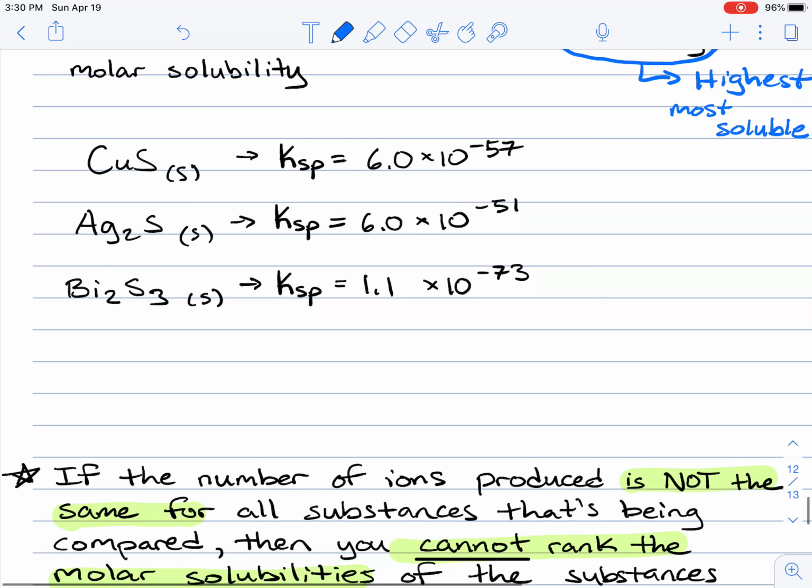And so if you look at the KSP values, these are really, really, really small. Negative 57, negative 51, negative 73. Just looking at these KSP values, since it's so far less than 1, it's super less than 1. I can't emphasize that enough.